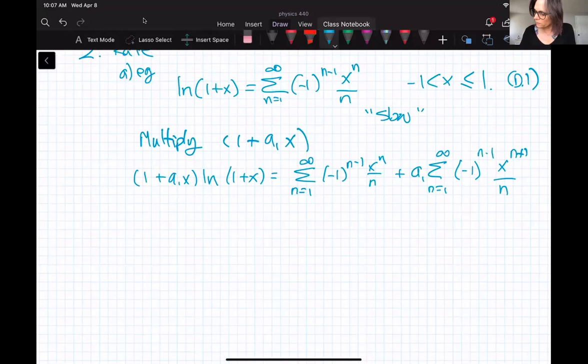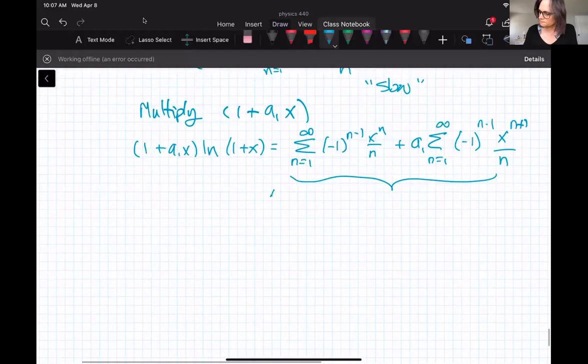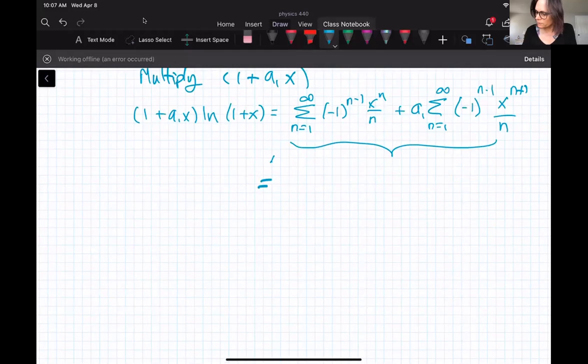And what we're going to do is take all of this and realize we can separate out an x term. And now we have a sum from n equals 2 to infinity.